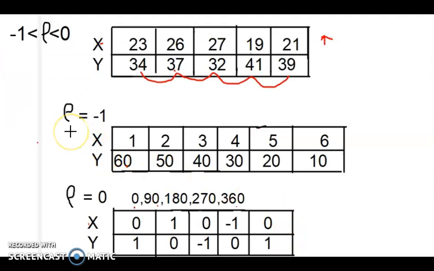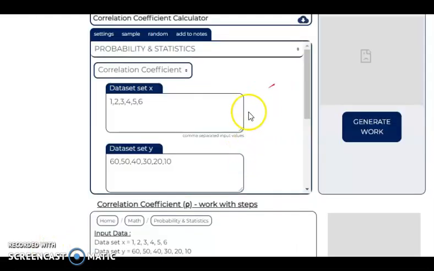To obtain a strong negative correlation, I can put the values such that one set is in increasing order and the other is consecutively decreasing by a difference of 10. Now I am going to calculate in the web calculator. See, now I used the web calculator.